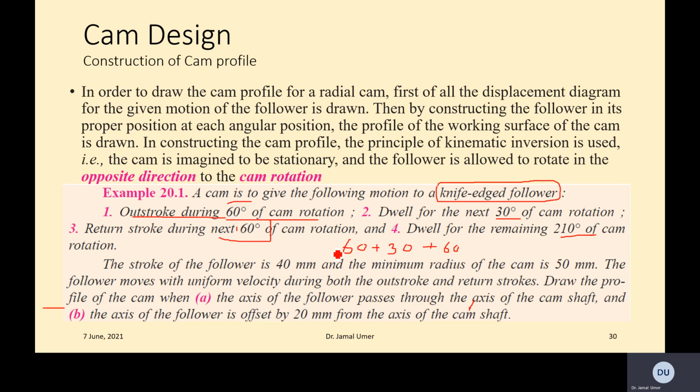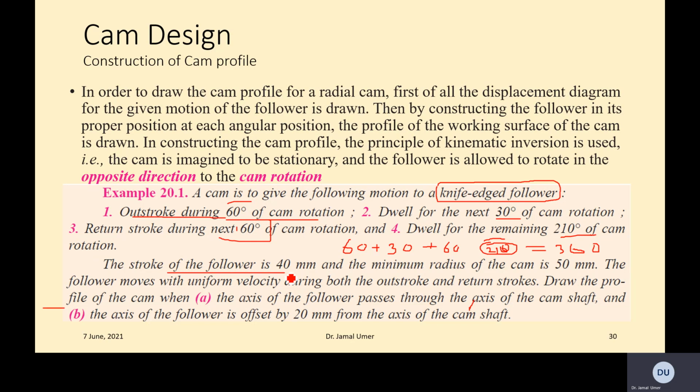The total should be 360, and the remaining angle is 210, because the total sum should be 360. So this is the dwell, and the remaining is 210. All right, so this is the cam you have to plot, and then there is some numerical.